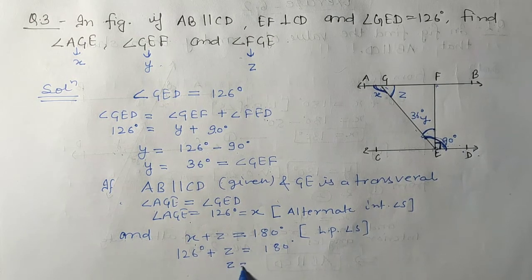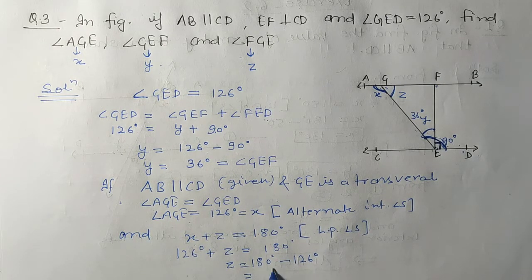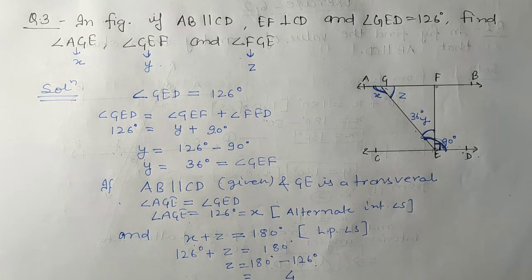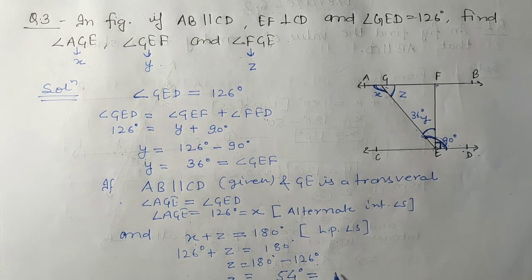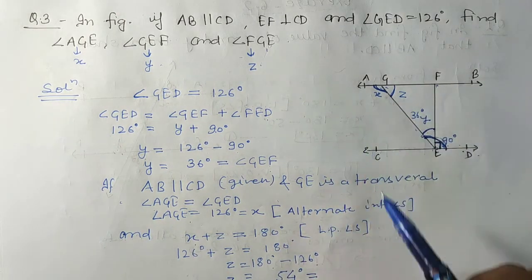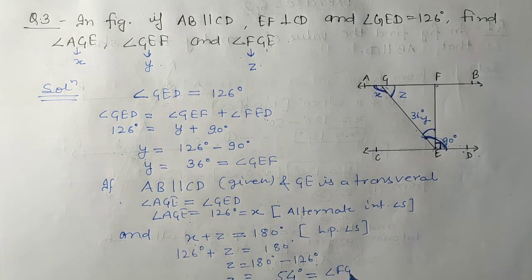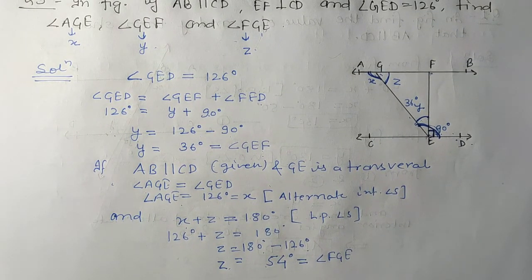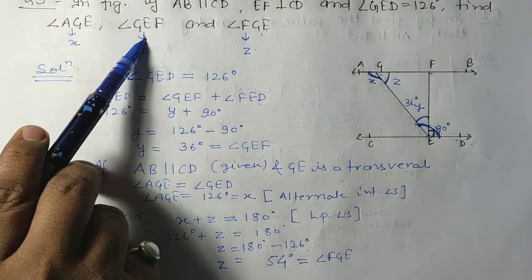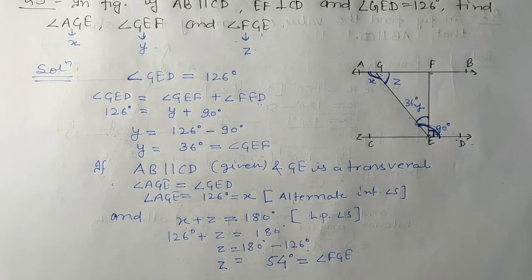So Z will be 180 minus 126. When you subtract it, you get 10 minus 6, that is 4, 7 minus 2, that is 5. So Z is equal to 54 degrees, and Z is angle FGE. So this is how we can find all the three angles, angle AGE, angle GEF, and angle FGE.